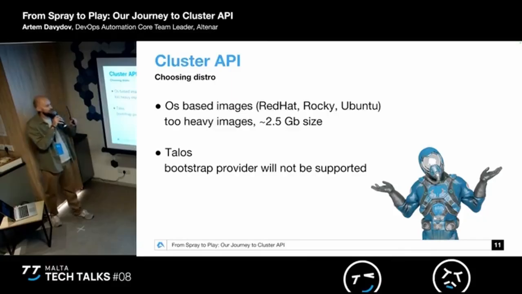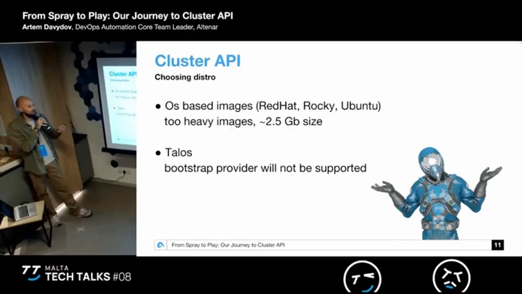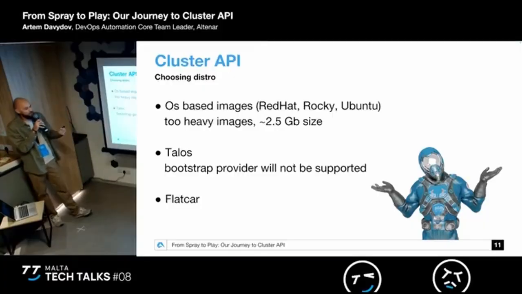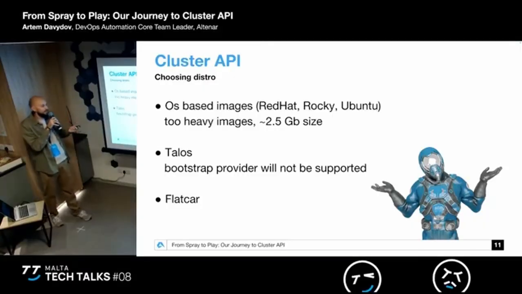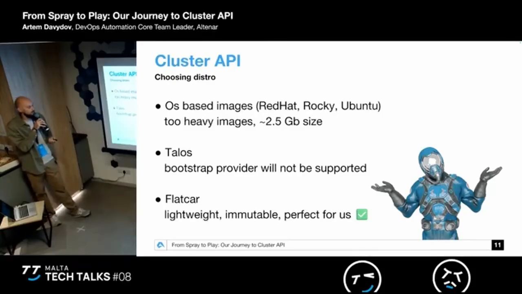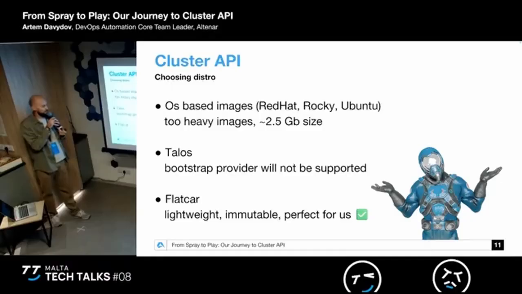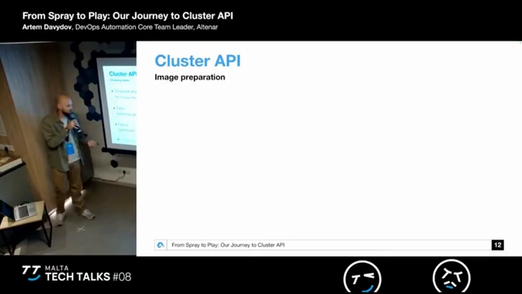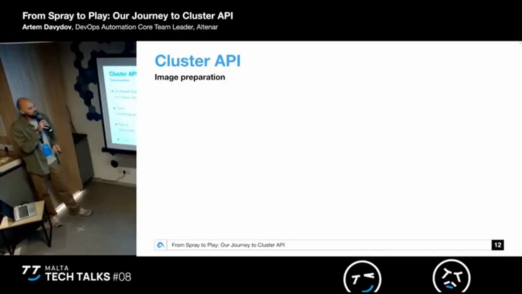And they have a bootstrap provider for creating new nodes with Cluster API, and they officially said on GitHub that they will not support the free open source version anymore. So it's a pity. And the last one was Flatcar. Flatcar is also a CoreOS-based image. It's lightweight, immutable, and it's perfect for us.